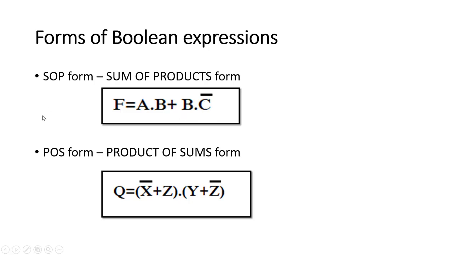So this expression is not a standard expression, because to be standard, all the terms of the expression should contain all input variables, that means A, B, C, either uncomplemented or complemented. Right? Here also the same.